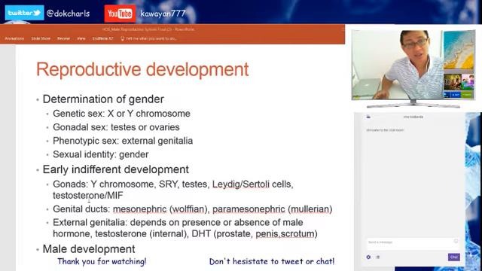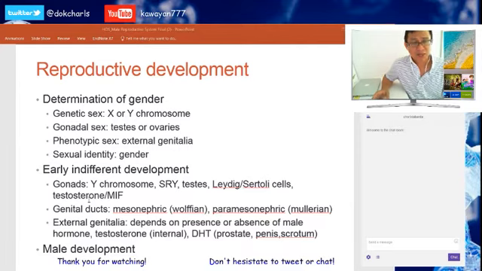We have what we call your early indifferent development stage, meaning to say, at that stage, before 7 weeks of human life, your genes are not yet activated, so before that period there is no development of your reproductive organs. So we cannot really determine what kind of sex an individual will have.